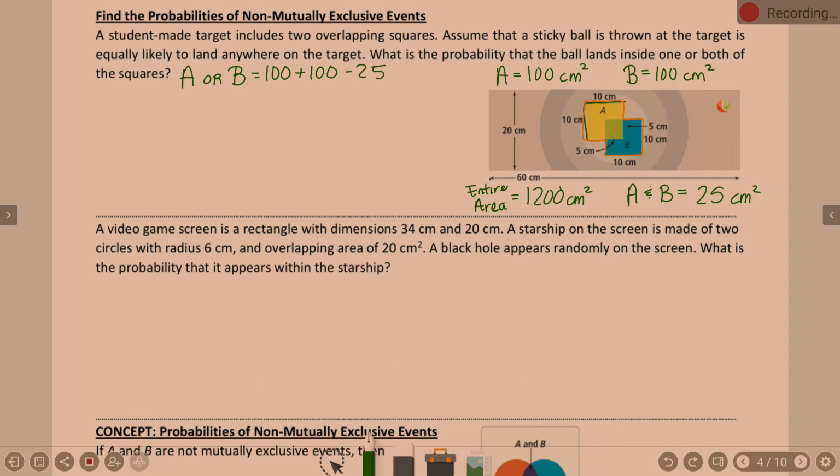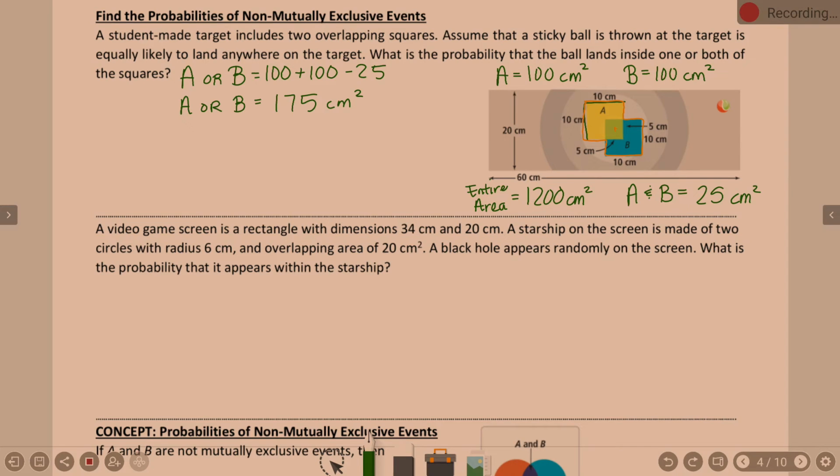What is that math? Okay, that is 175 square centimeters. So 175 square centimeters is the area of these overlapping squares.